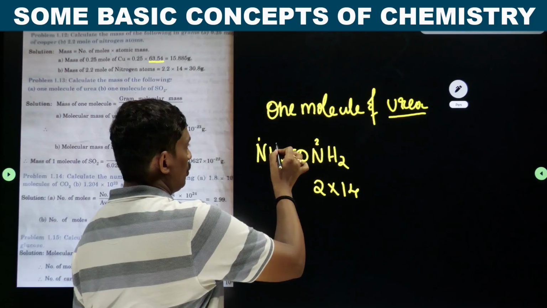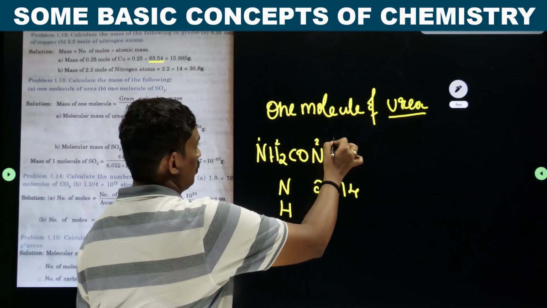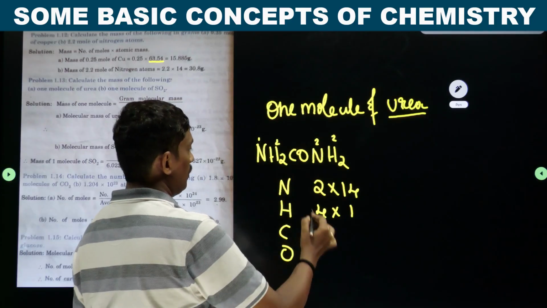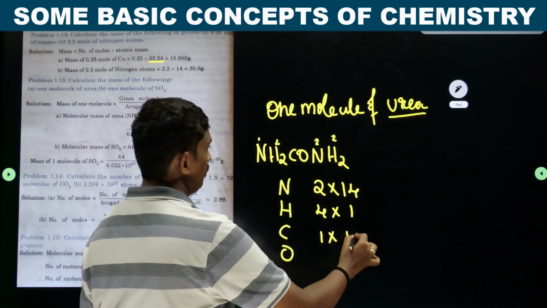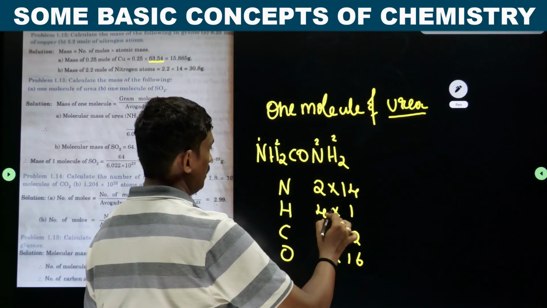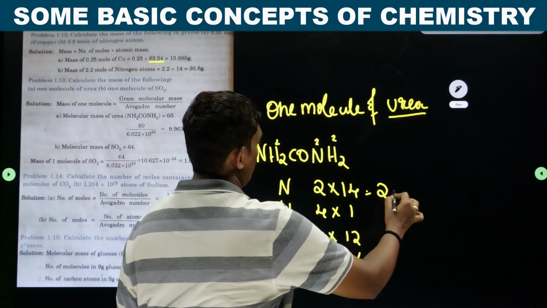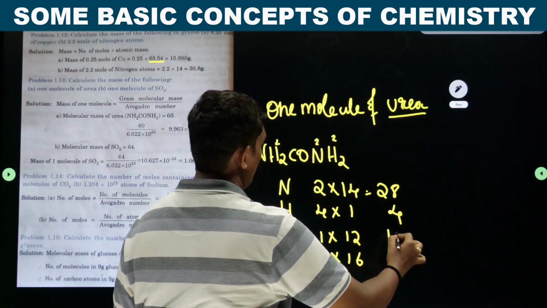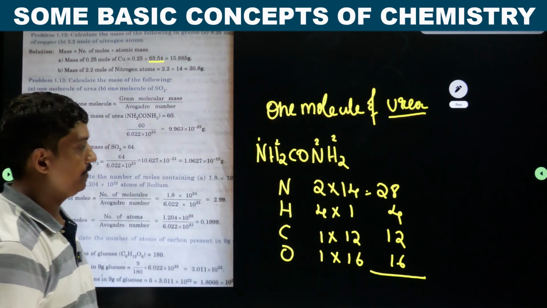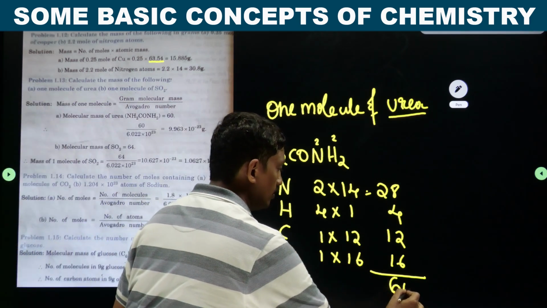Hydrogen, 2 plus 2 is equal to 4 into 1, which is 4. Carbon, 1 carbon into 12. Oxygen, 1 into 16. 28, 4, 12, 16. If you sum up, it is equal to 60.